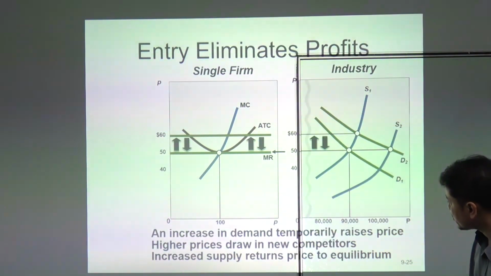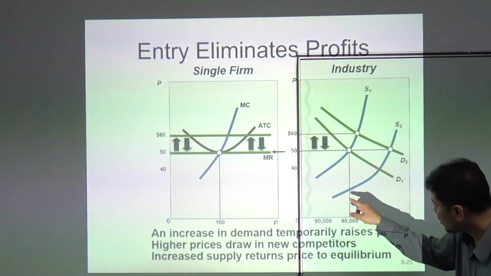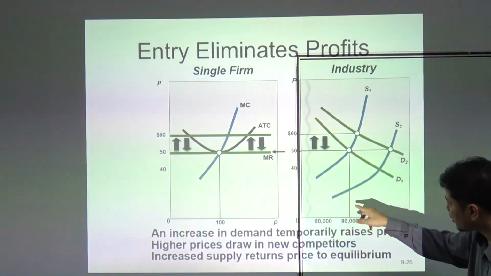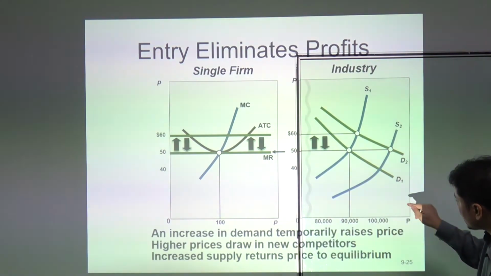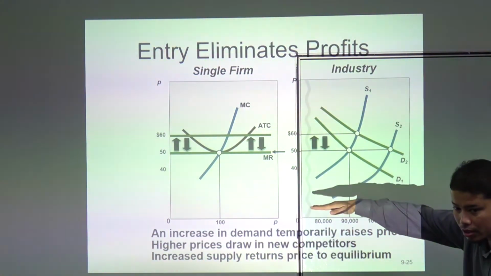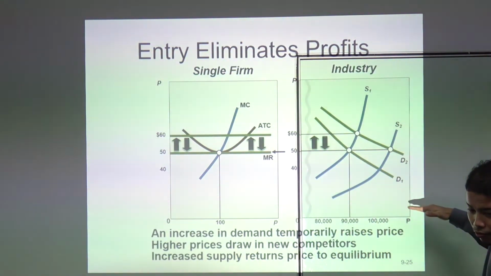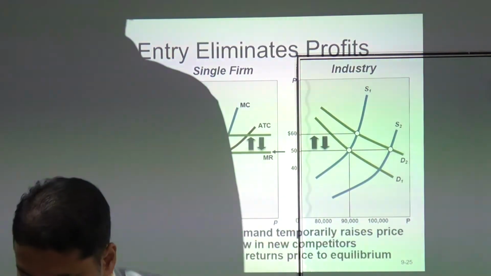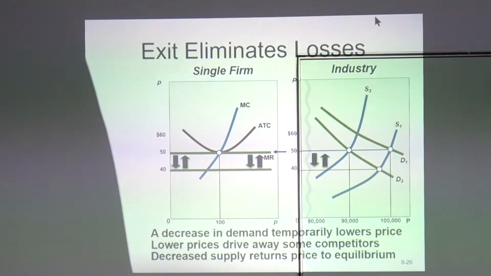So the long run supply curve is basically combining these two equilibriums: the equilibrium point between D1 and S1 and the equilibrium point between D2 and S2. You join that, you have a long run supply curve of the firm, which is perfectly elastic or horizontal. The same thing like this.